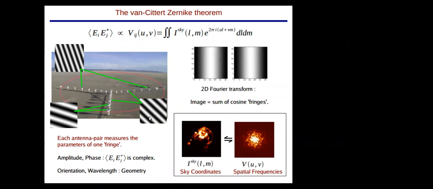So this collection of antennas, when we correlate and measure the visibility, gives you fringe patterns. What is our goal? We know that this image is basically the sum of all these cosine fringes. So we want to construct the sky, that is a complex diffuse source in the sky, from our measurement data set, that is the visibility.